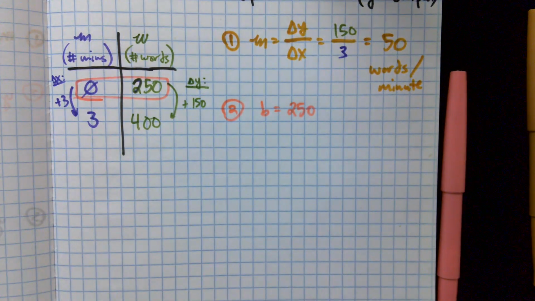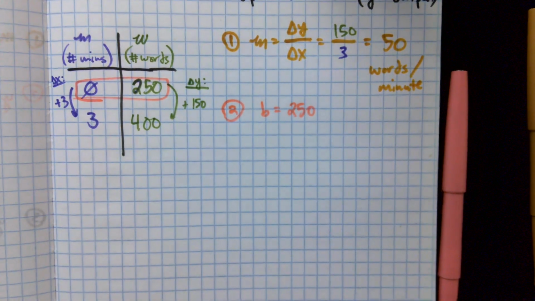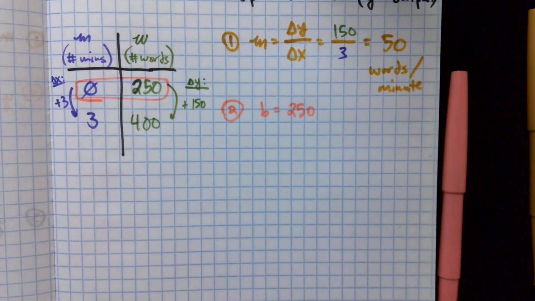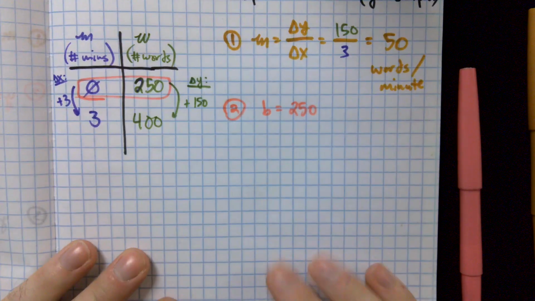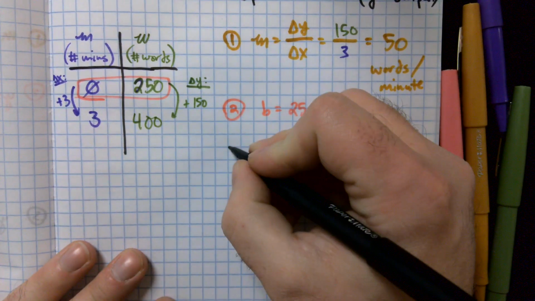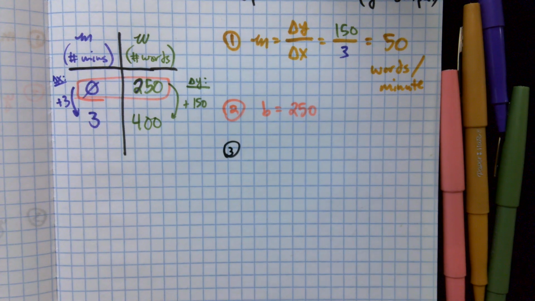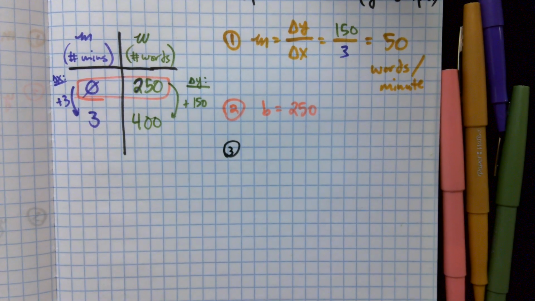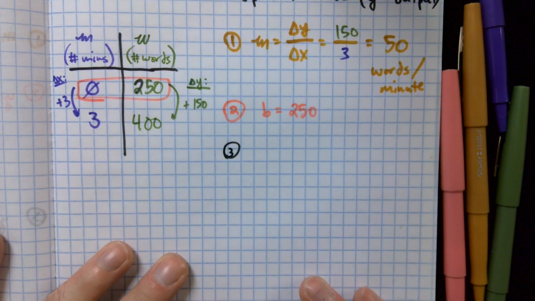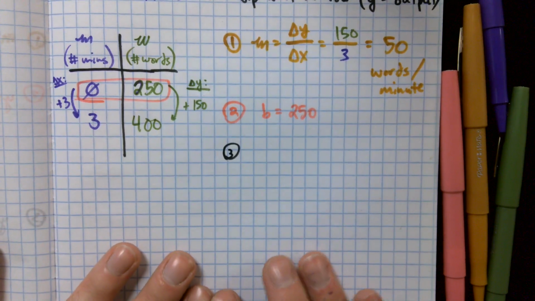So in the context of this problem, we got to be careful when we're writing our equation because we were given different variables for my independent and dependent pieces of this problem. So when I go to write my equation, how's my equation going to start? Y equals.